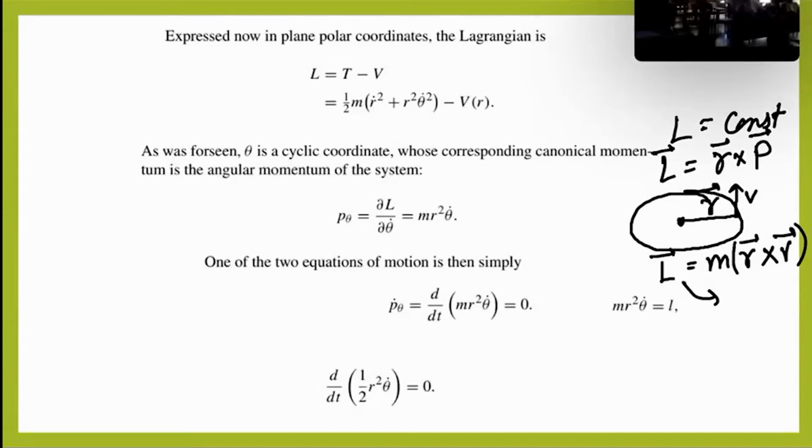We can also look at one more example. Here we talked about L as constant. What if your L is 0? Can anybody give me an example where L is 0? A particle in a straight line?